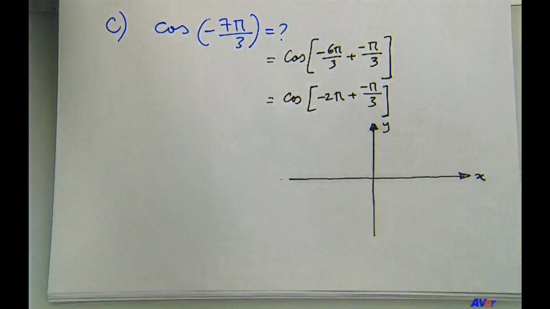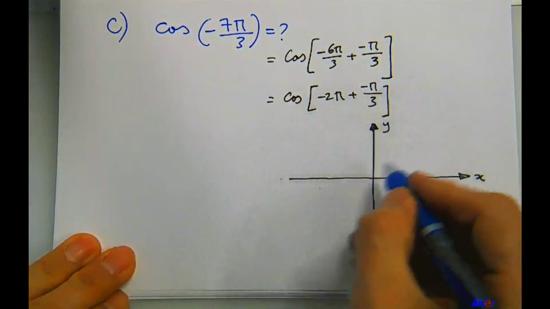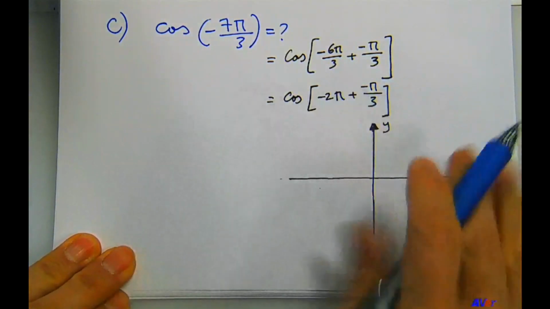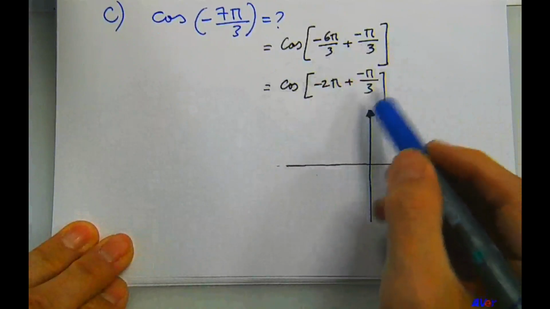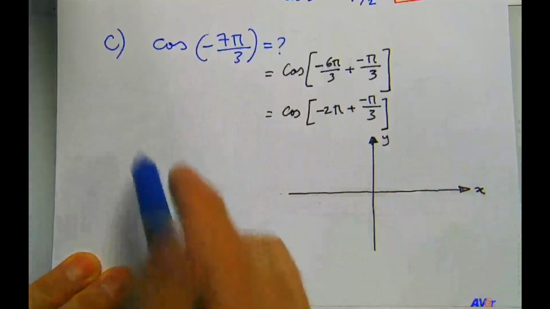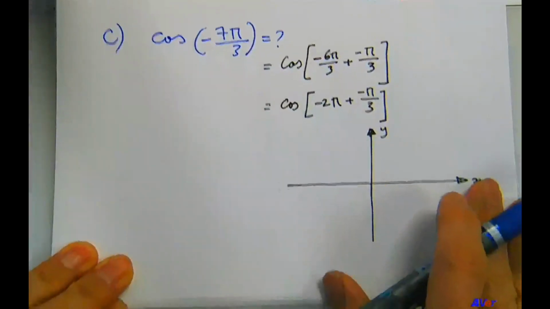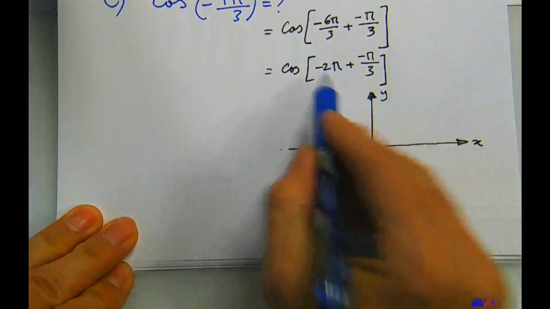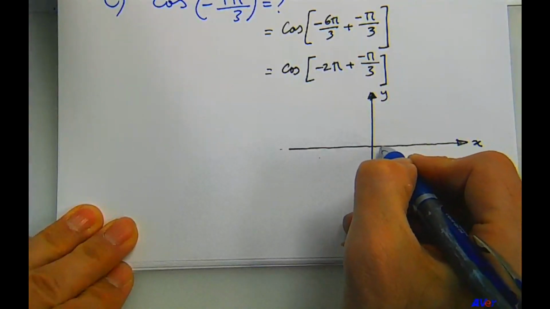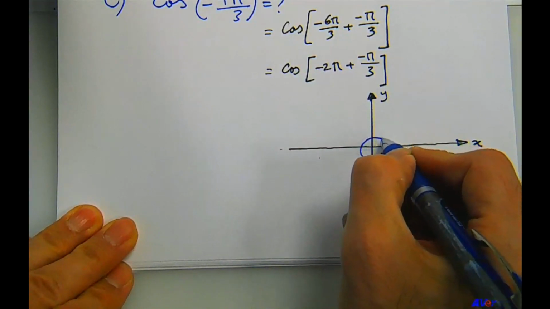Okay, so we have minus 2 pi, so we want to know in which quadrant we're going to be once we go through this angle. It's going to be minus 2 pi, that's going clockwise, like that.